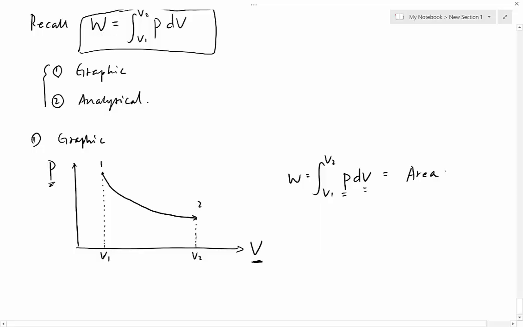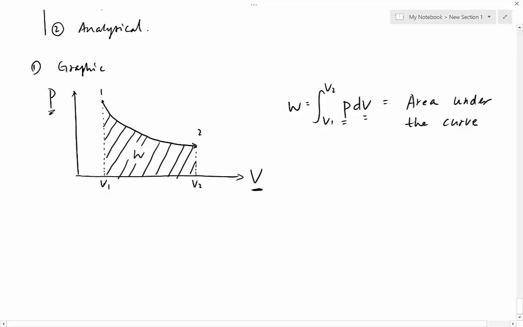So work is actually the area under the curve on a diagram. The area under the curve between V1 and V2 is equal to W. So this is the first way to analyze the equation.